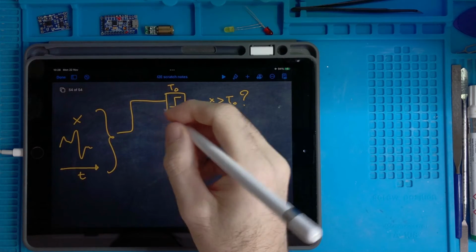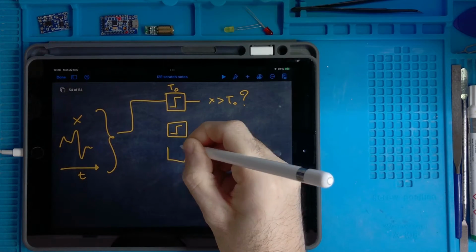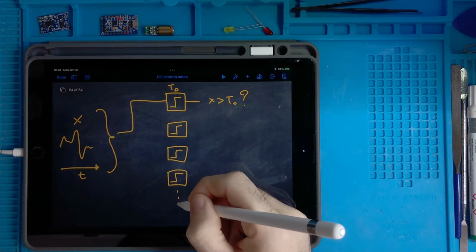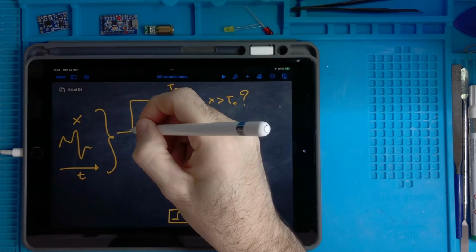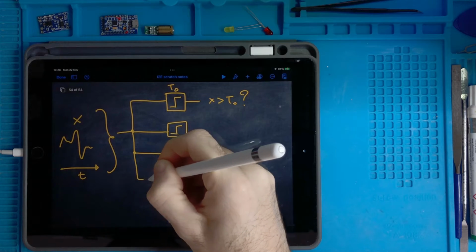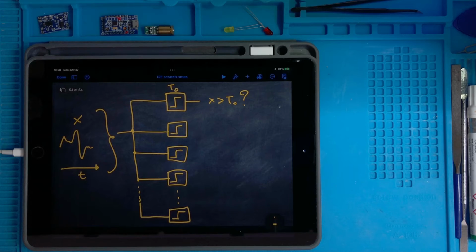Then you can put the same input simultaneously to many comparators, like this. For instance, here, here, here, here.